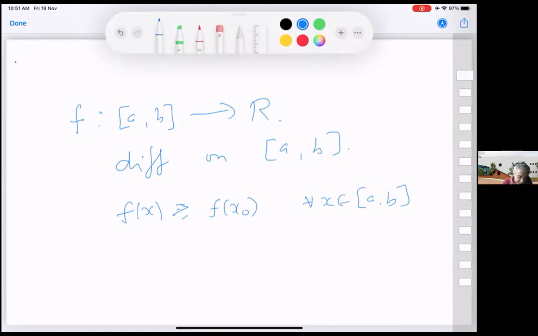Okay, so we had seen the following, that we had argued that f dash x0 should be 0. How?